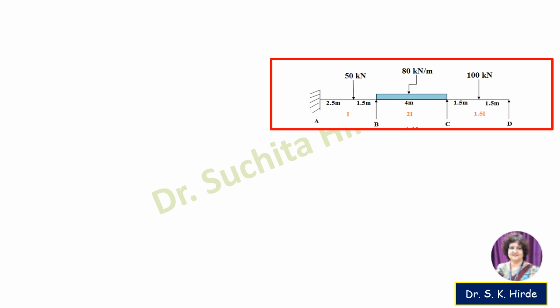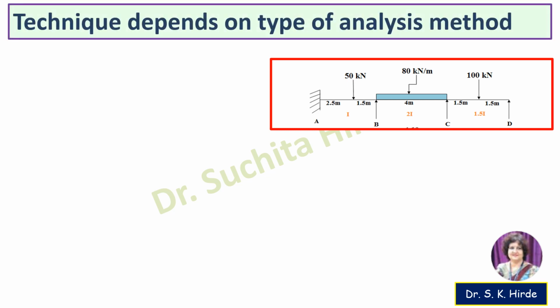As you know, for analysis of indeterminate structures, three equations of equilibrium are not sufficient to analyze the structure. We have to use some method to calculate bending moments in the structure. All these methods can be categorized as displacement method and force method.